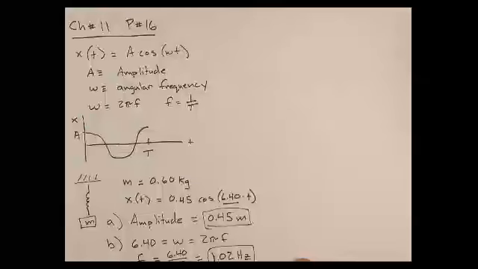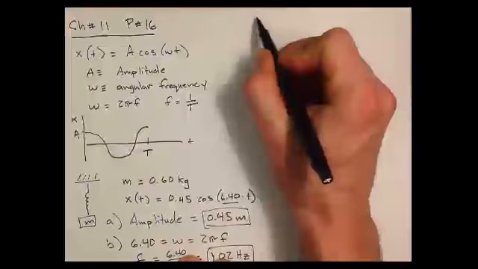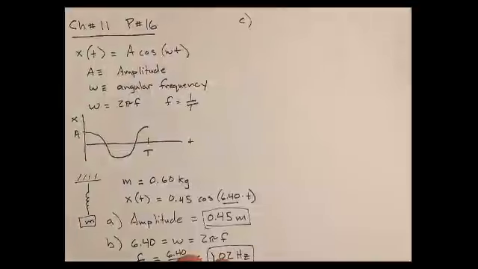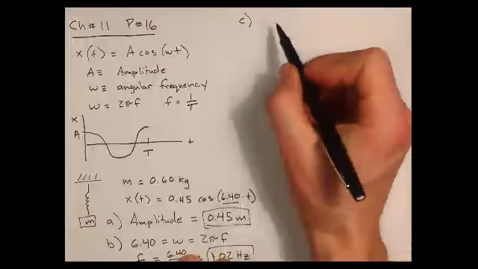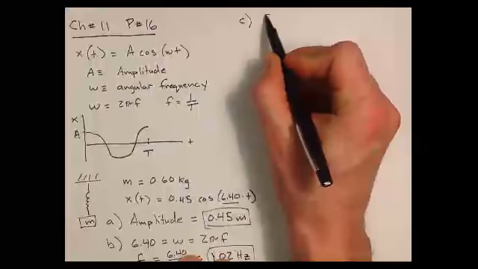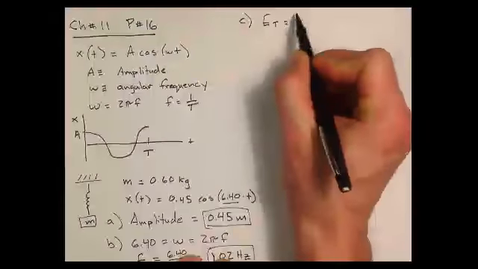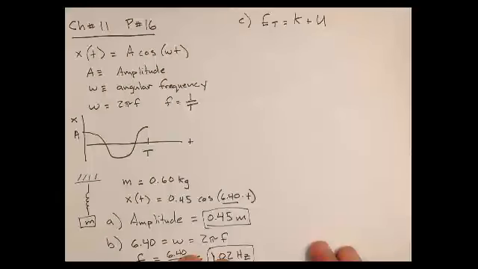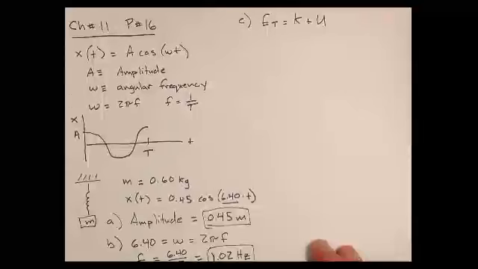There are more parts to this problem. Part C says, find the total energy. The total energy is equal to the sum of the kinetic energy and the potential energy at any given point.